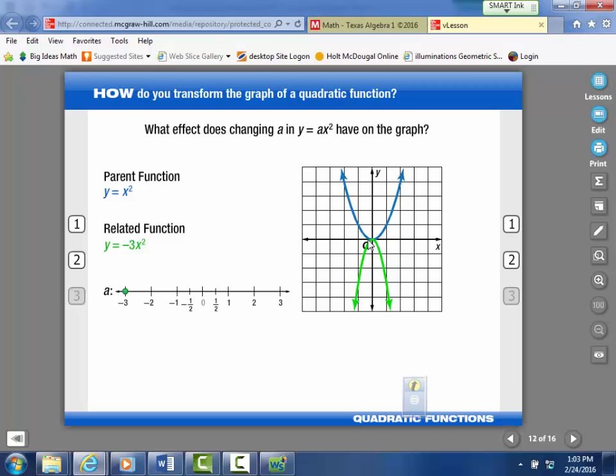And if it's negative, it's going to open down. And the bigger the number, not the negative part, but the further away that number is from 0, the skinnier or narrower my graph is going to be. And the closer I am to 0, the wider my graph is going to be. Okay.